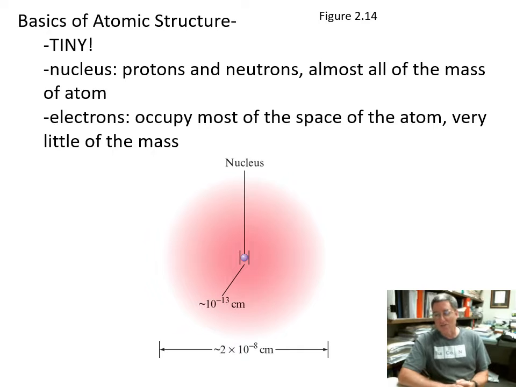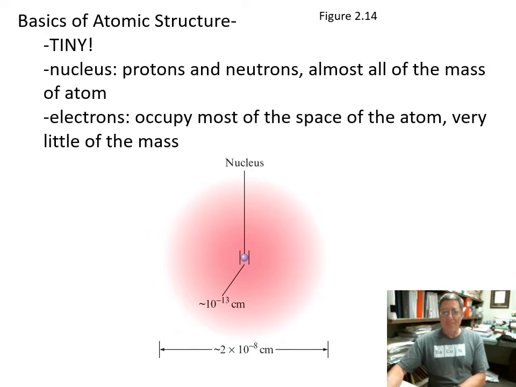And so this graphic from your book is kind of interesting, where you've got the size of the atom, about 2 times 10 to the minus 8 centimeters. So again, that's a number that doesn't make a whole lot of sense to us. We can't really picture how small that would be. We certainly can't see it.